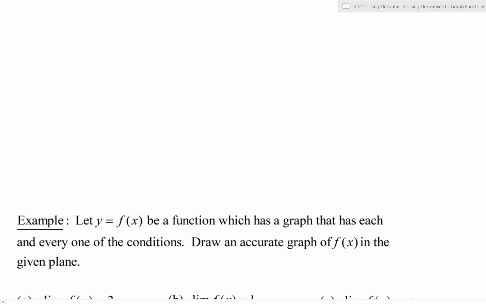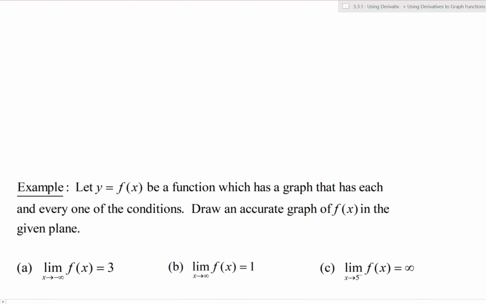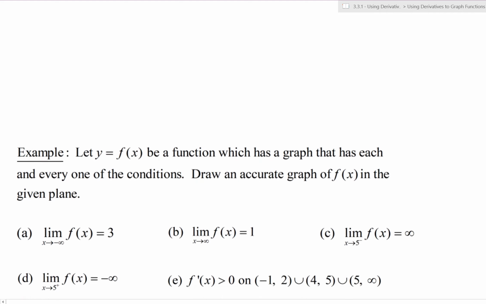So let's first look at that. Imagine if we found this information on some other function, we'd do the same thing, but here we're given the information.